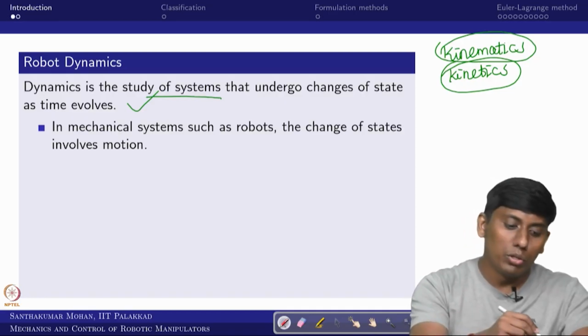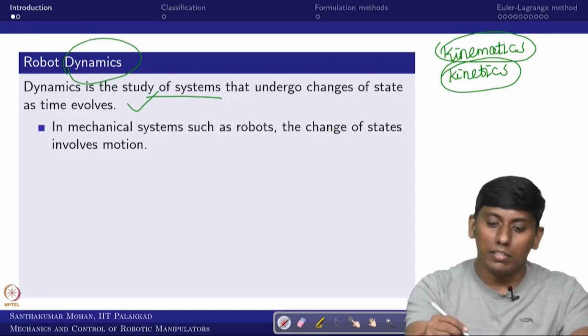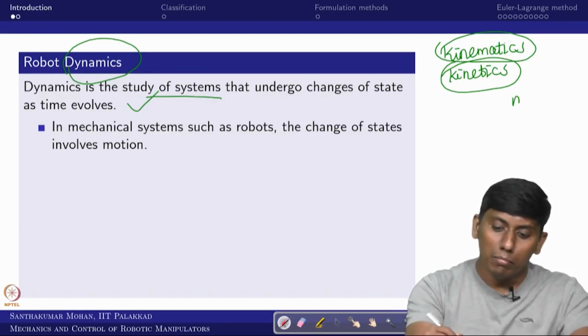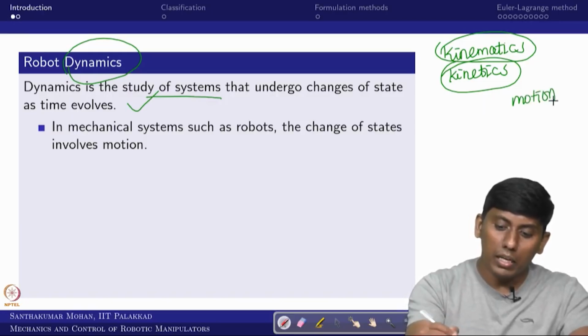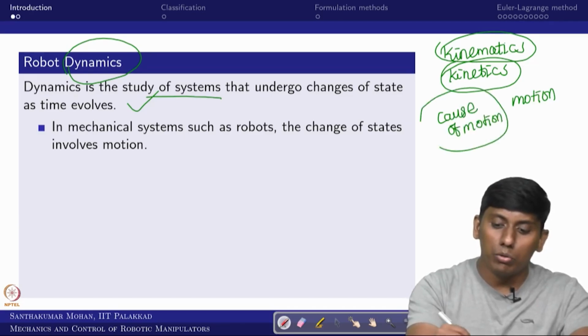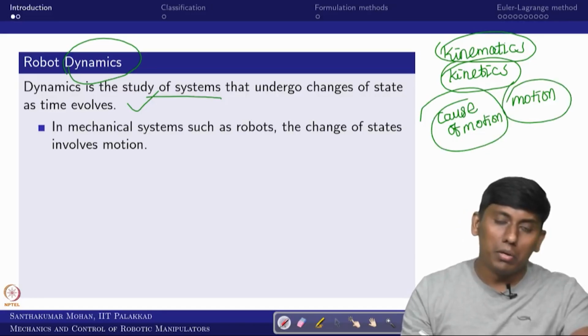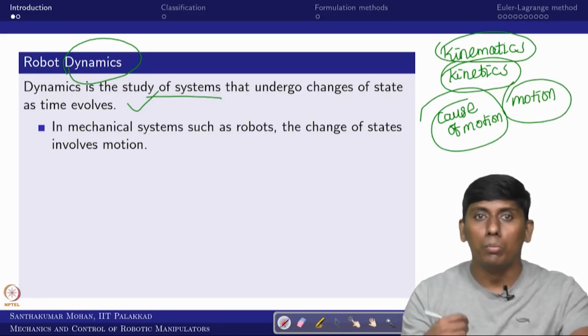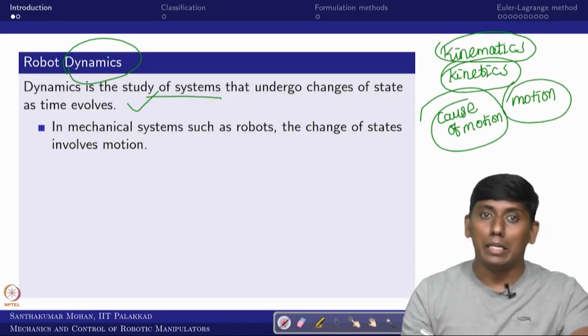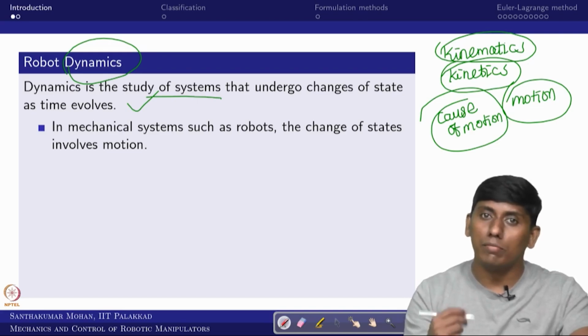Here we are going to relate the motion and the causes of motion, not like simple kinematics. That's why we always call it robot kinematics, but robot kinetics is very rarely put forward.